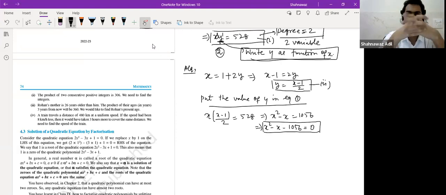Can you guys recall the meaning of the zeros? The zeros were the values that, when we put them in the function, make the function become zero.